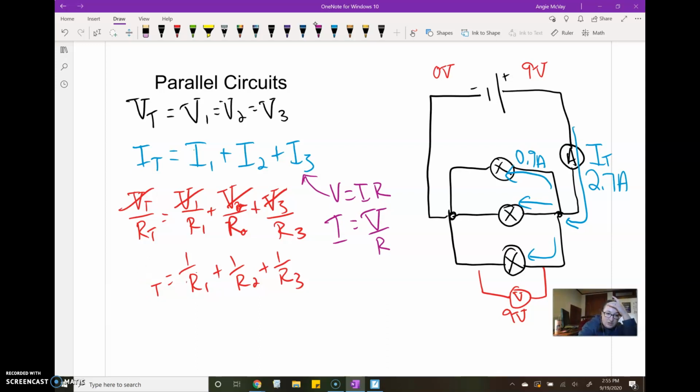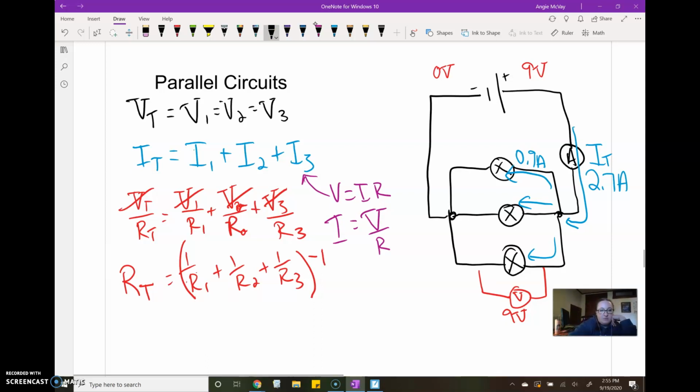So I'm going to change this so that you don't forget. To get the total resistance, you add the inverses of the 3 resistances of our 3 light bulbs, and then you take the inverse of that. Okay.